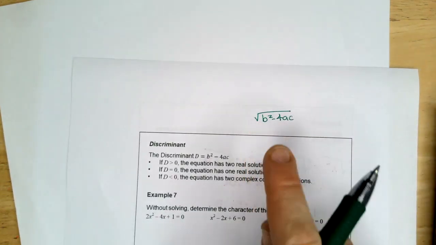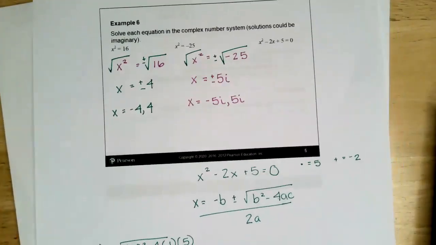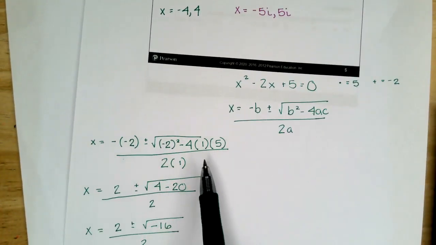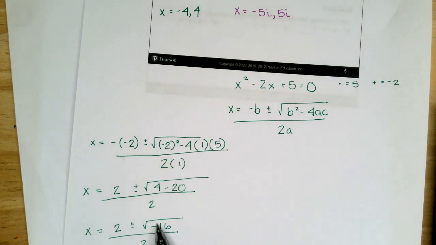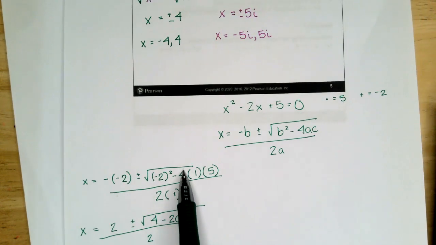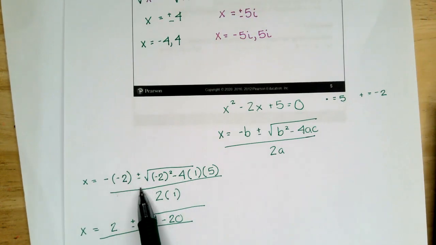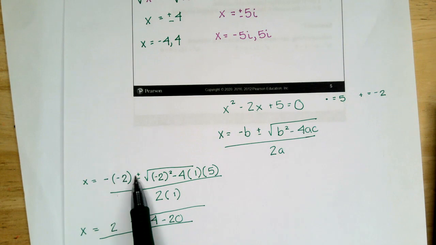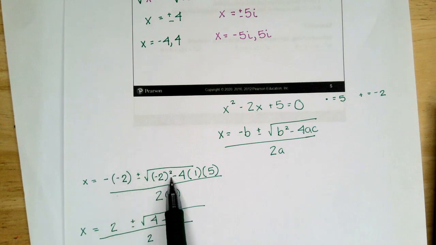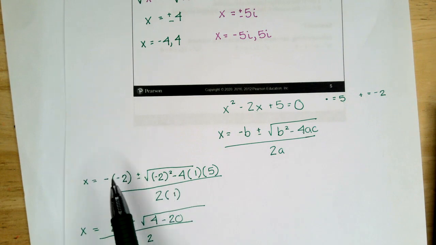It's part of the quadratic formula, and it used to be that if this was a negative number, we would say no solution or an imaginary solution. If this is 0, we only have one solution because the plus or minus goes away. And if this is a positive number, then we have two solutions because we have this number added to this number or this number subtracted from this number.